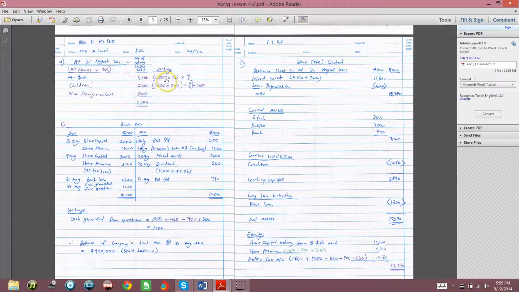A 1-for-3 issue means for every 3 ordinary shares they get one share. So for 4.5 million shares, the shareholders will get 1.5 million bonus shares.